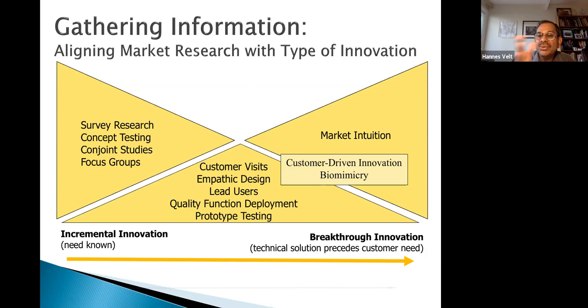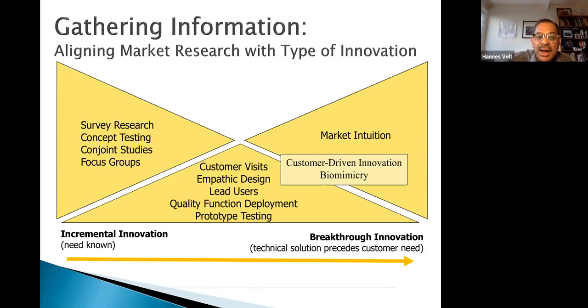Now, within these two extremes, you have some moderate levels of uncertainty. And that's where most of the techniques that we describe in this chapter, like customer visits, empathic design, lead users, QFD, prototype testing, are all based on observation of behavior, not on self-report.